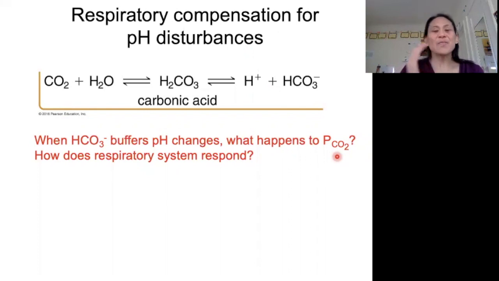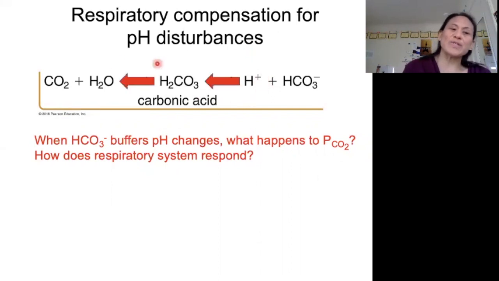Okay, so hopefully you figured out, we actually mentioned it in the last portion, if we have an increase in H+, we're going to get an increase in CO2. And then the respiratory system is going to respond by increasing ventilation to get rid of that CO2. So in that way, we are able to maintain acid-base balance.